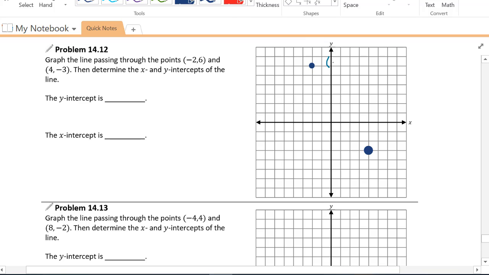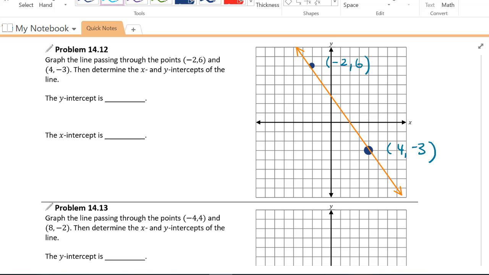This is -2, 6. This one is 4, -3. And now we want to connect those two dots as best as possible. It looks like maybe something like this. Okay, yeah, that looks pretty good.